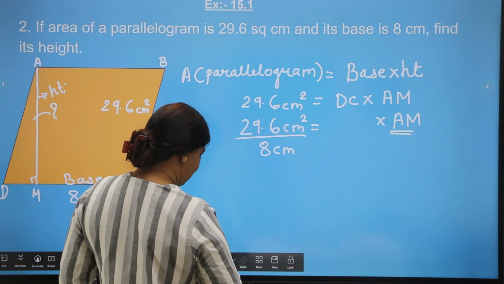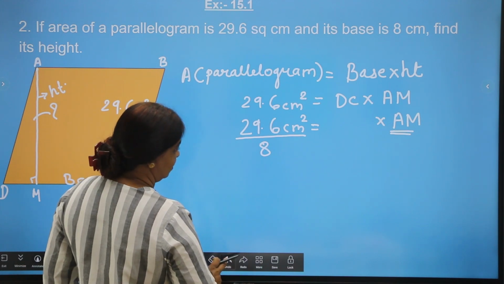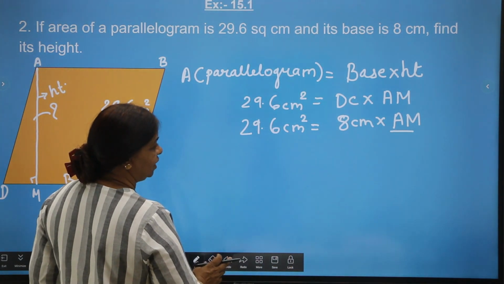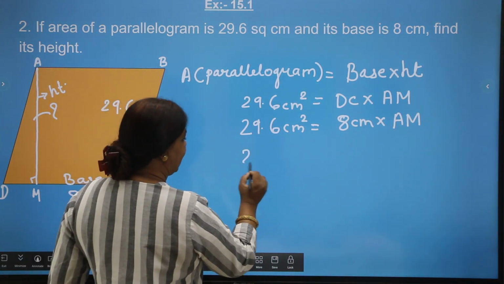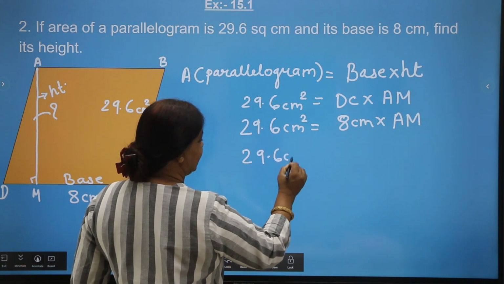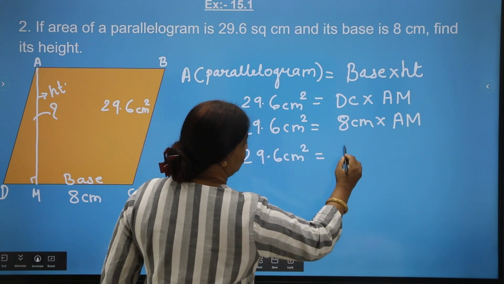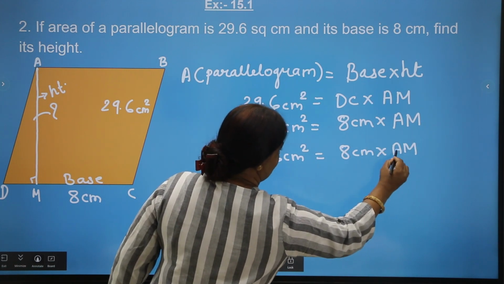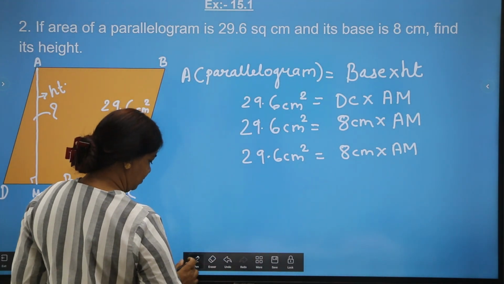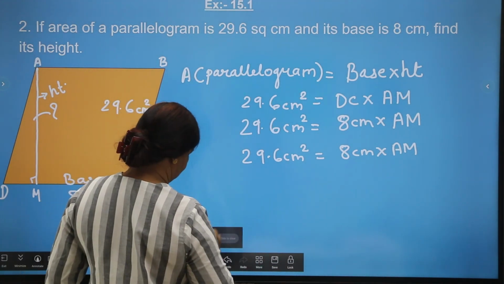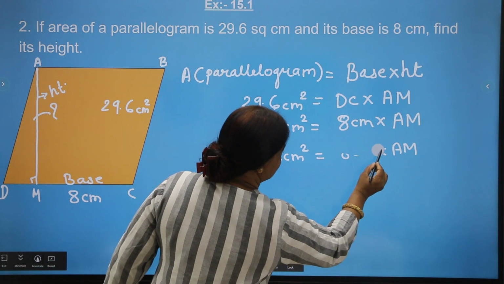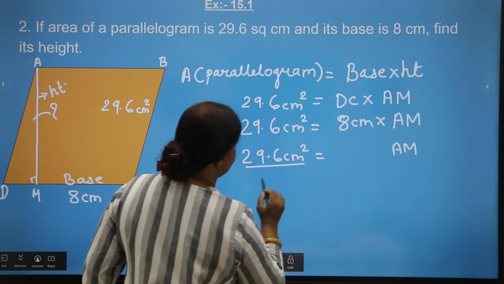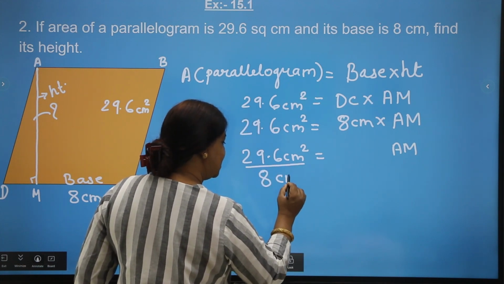Okay, let me rewrite the step so that you understand. 29.6 centimeter square is equal to 8 centimeter into AM. So I must bring this number here. So what do I do? I'll rub this, and where will I bring it? I'll bring it here. Write 8 centimeter.